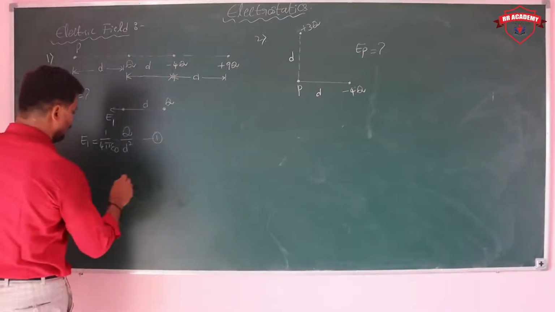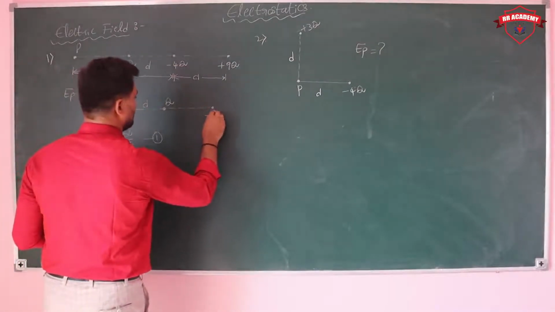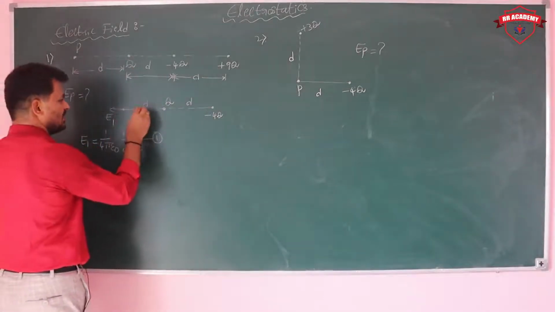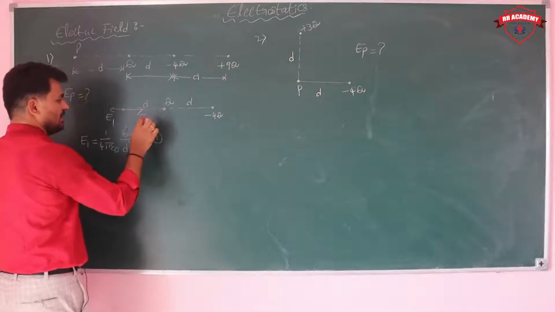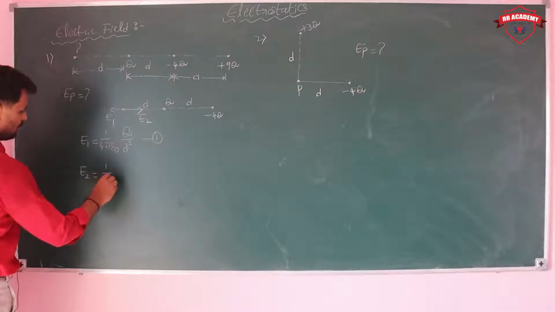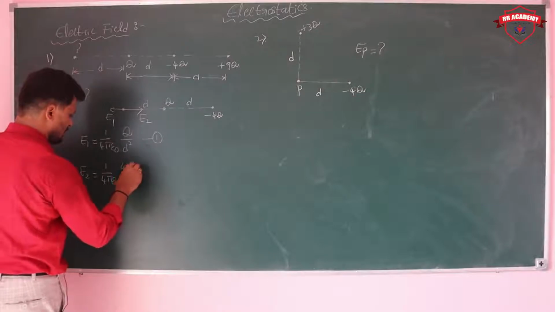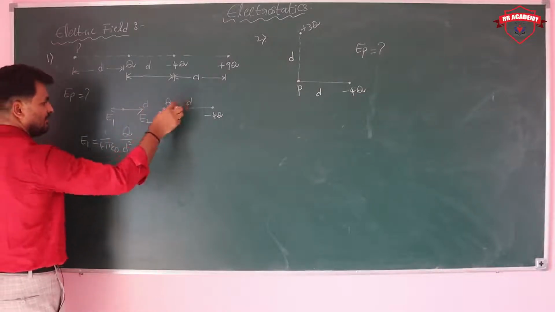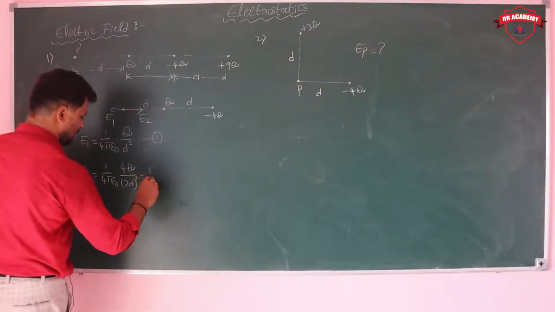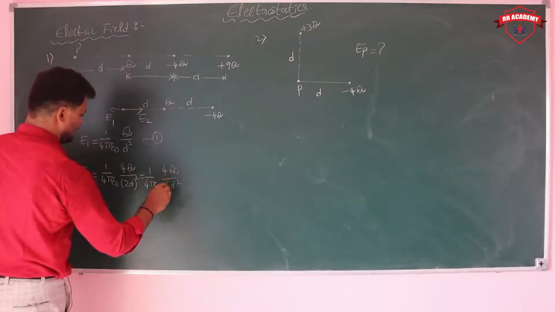Next, take minus 4Q. How much distance? 2D distance. Minus means the electric field is acting towards it. I am giving E2. E2 is equal to 1 upon 4 pi epsilon naught, 4Q by D plus D, 2D whole square, nothing but 1 by 4 pi epsilon naught 4Q upon 4D square.